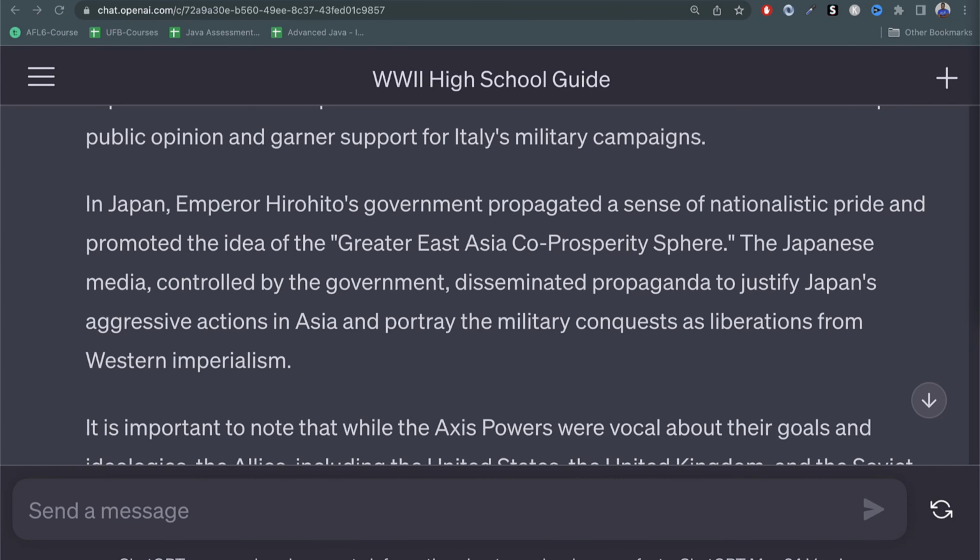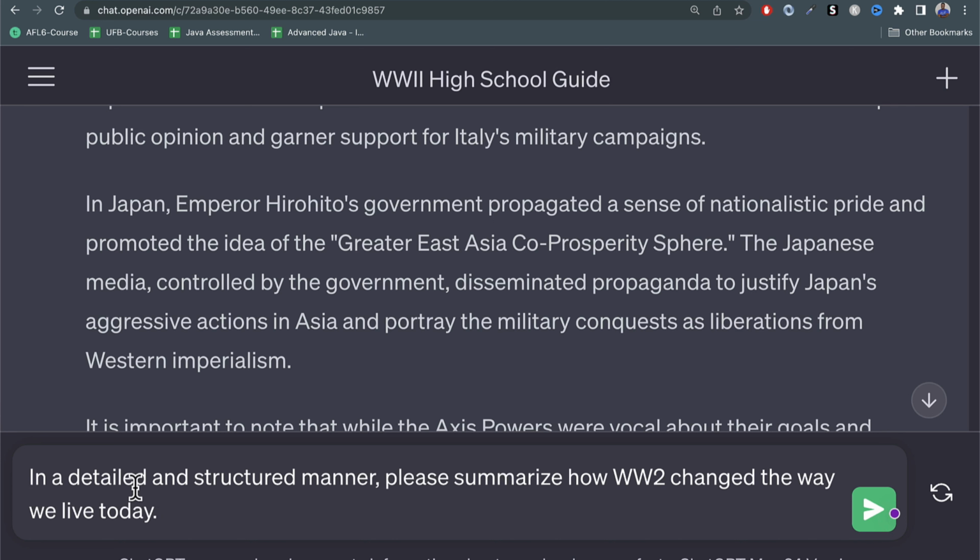Next, we're going to talk about the instruction-based framework. As the name implies, with the instruction-based framework we give ChatGPT explicit instructions about what we want the outcome to be. A good example would be, as you see here, I'm saying in a detailed and structured manner, please summarize how World War II changed the way we live today.